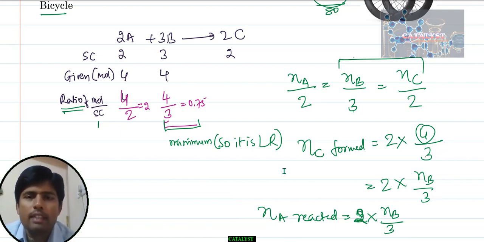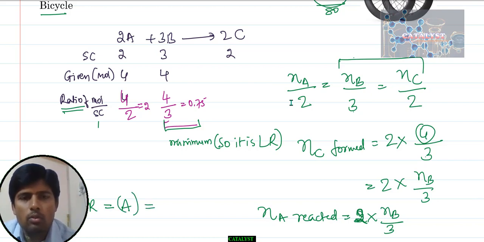Now obviously, if every reaction has a limiting reagent, it will have an excess reagent too. So I can say the excess reagent will be A, which is equal to the number of moles of A left out.